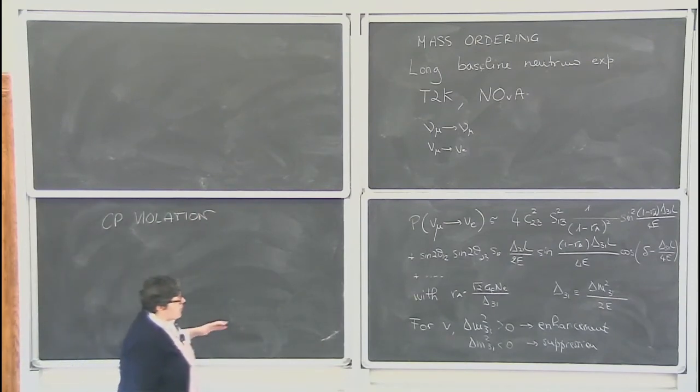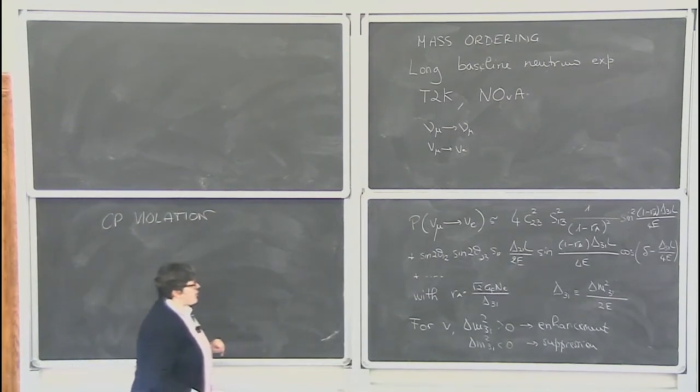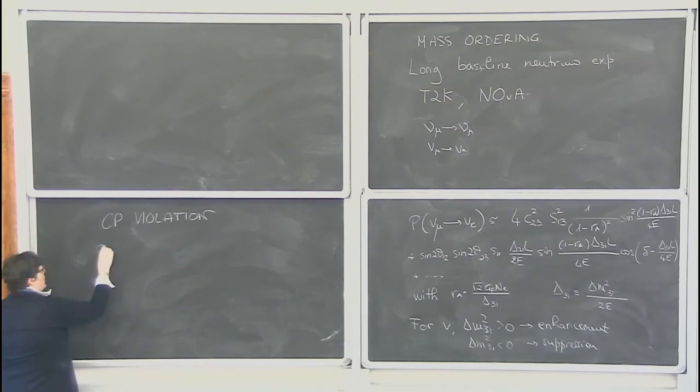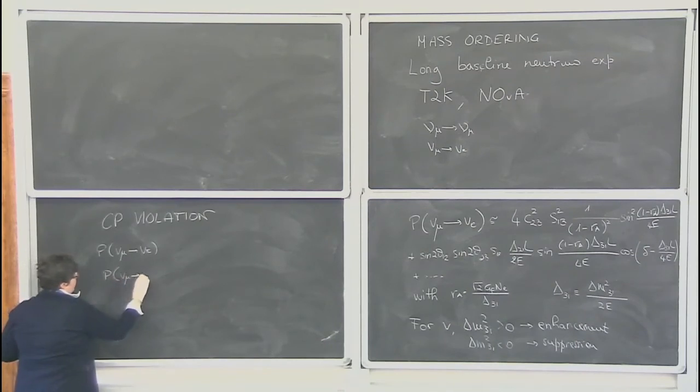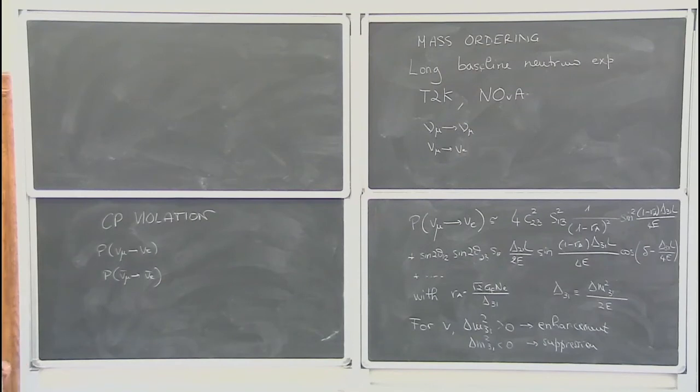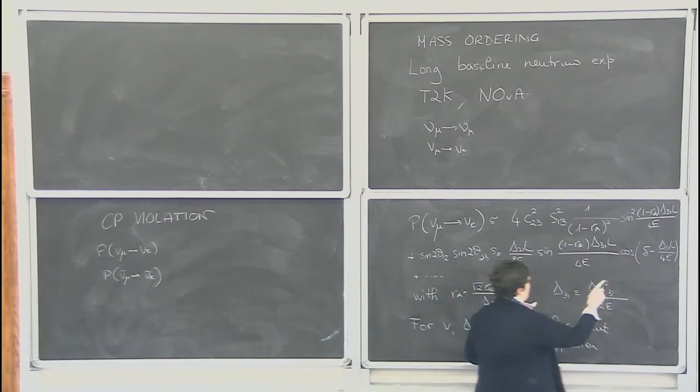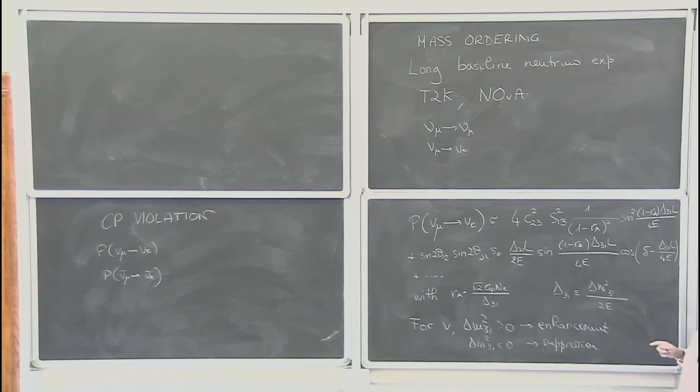And as I said before, I try to measure the probability for neutrinos and antineutrinos in these long baseline oscillation experiments. If I have antineutrinos, remember U goes into U star, so delta goes to minus delta. And so the two probabilities will be different.